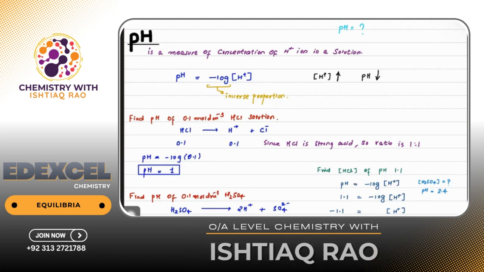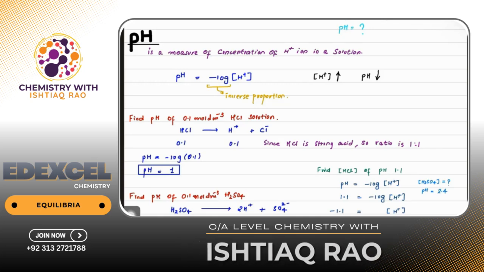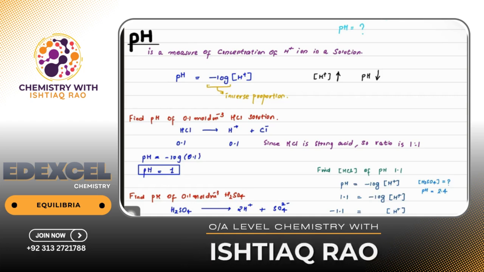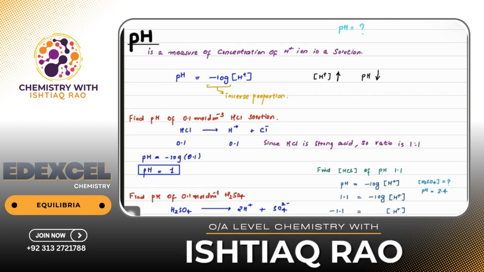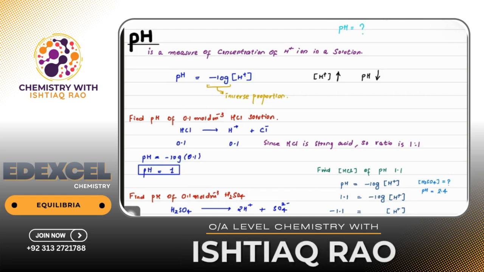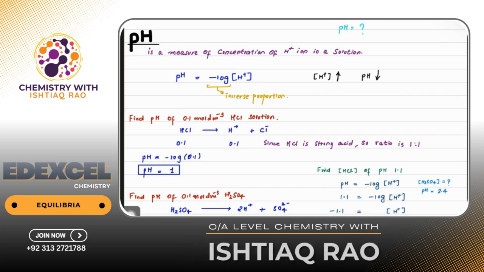HCl is something else, H2SO4 is something else. So the question is, what's the difference in strength of these two acids, which is stronger and which is less strong? Even if there is a very minimal difference, but there is. So we have to identify that difference.